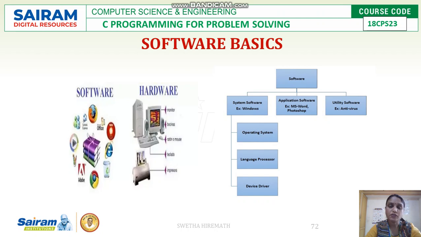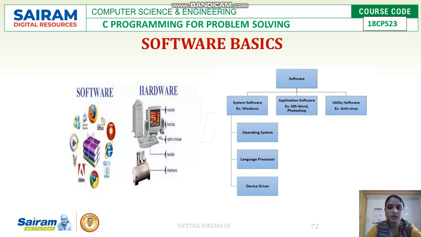The other part of our computer, which mainly deals with the programming part, is nothing but the software. So this computer system should be the combination of both hardware as well as software in order to give us the required output. Calculation, programming, everything will be done with the help of software.